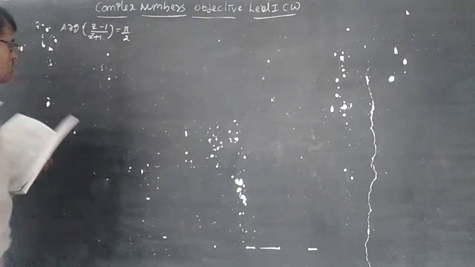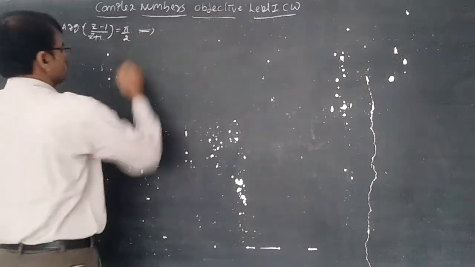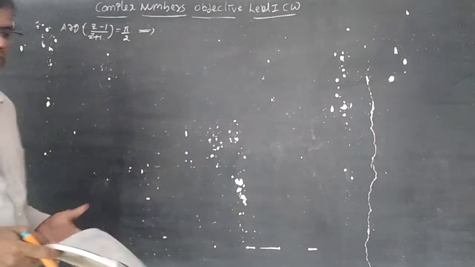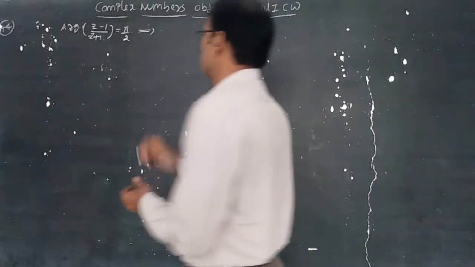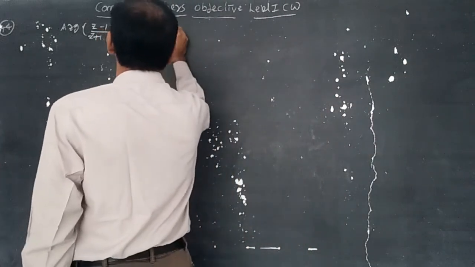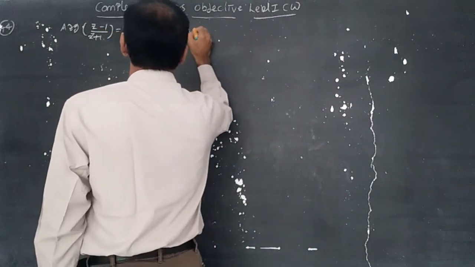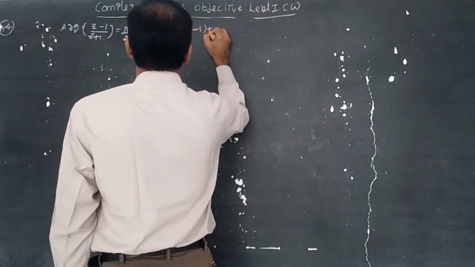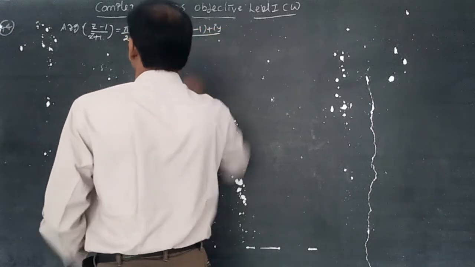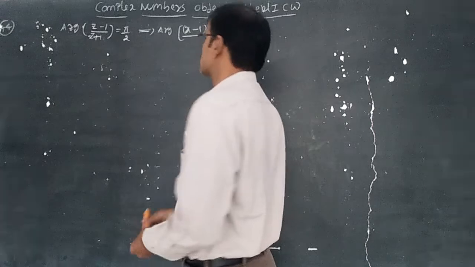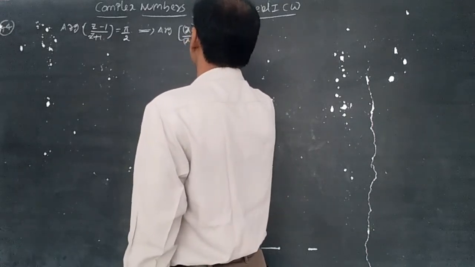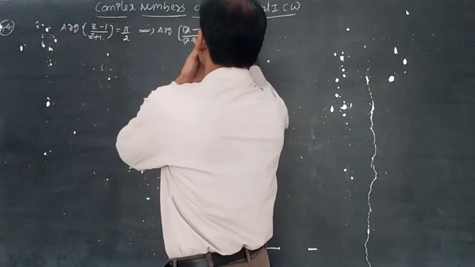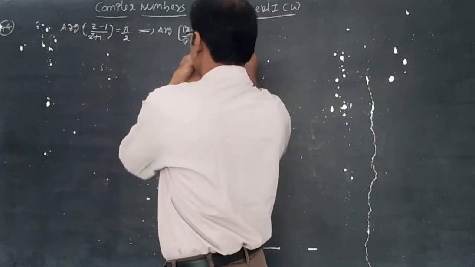The locus of z? Let z is equal to x plus iy. Argument of (x minus 1 plus iy) by (x plus 1 plus iy) is equal to pi by 2.